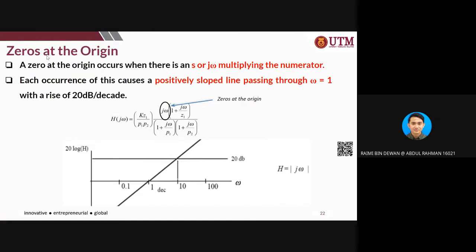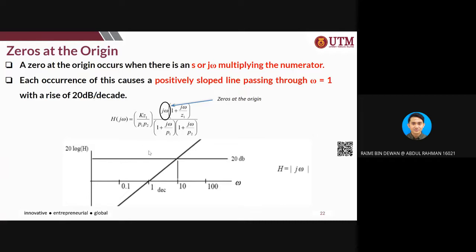Next, zeros at the origin. A zero at the origin occurs when there is an s or j omega multiplying the numerator, which is the top part. You know already s is equal to j omega at steady state. Each occurrence of this causes a positive slope line passing through omega equals 1 with a rise of 20 dB per decade.